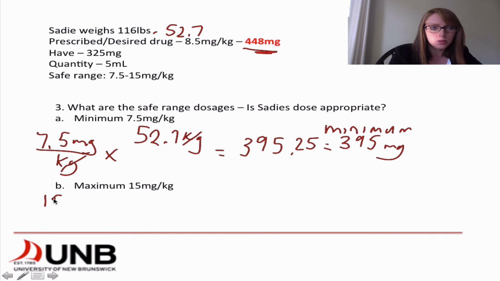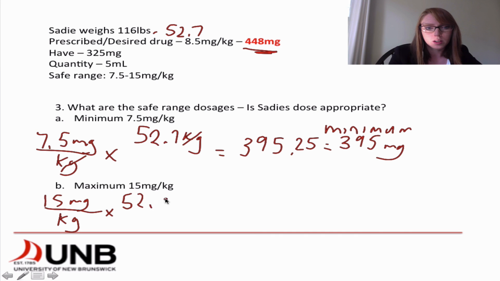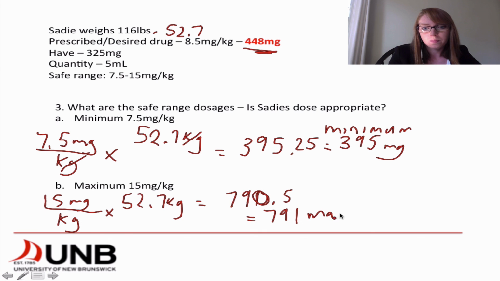So our maximum is 15 milligrams per kilogram. We're multiplying it by her kilograms, which is 52.7 kilograms. And our answer is 791. Oh, well, it's 790. So I was rounding it too quickly. 790.5. And again, we're going to round this, so it's going to be 791 for our maximum.